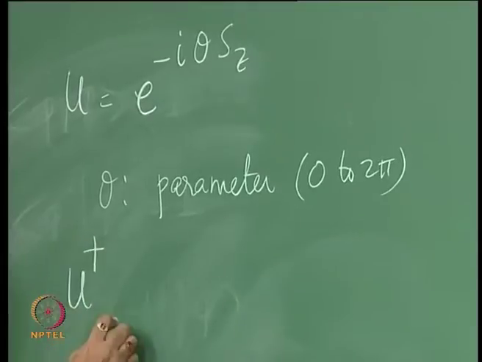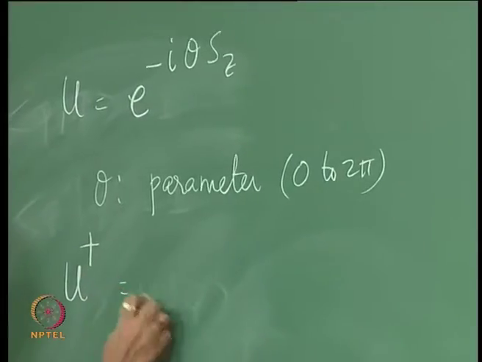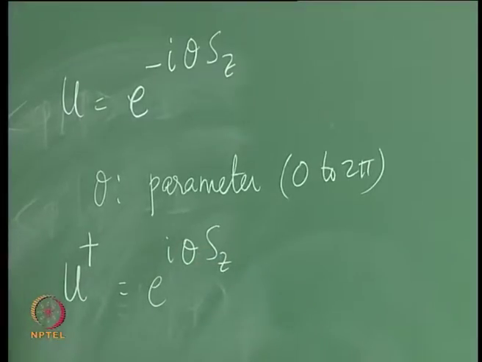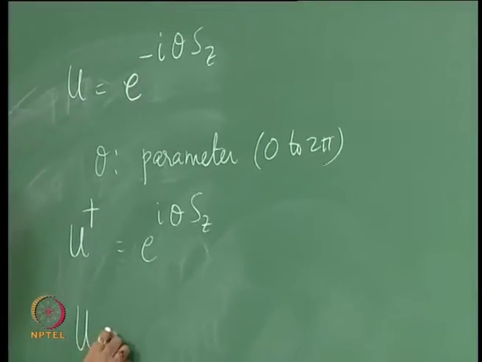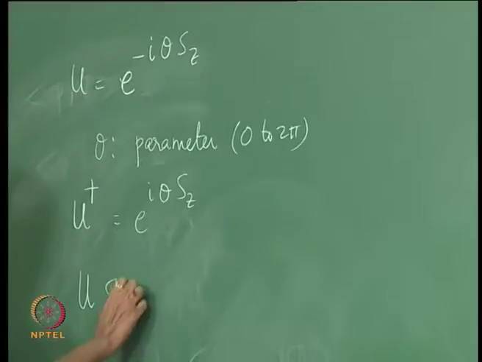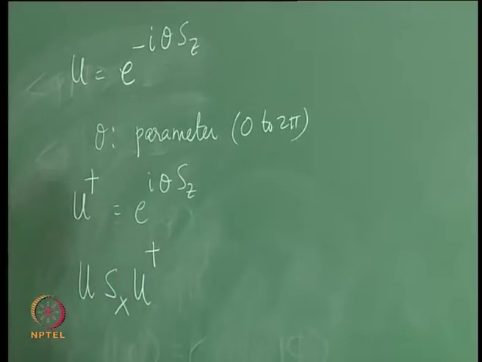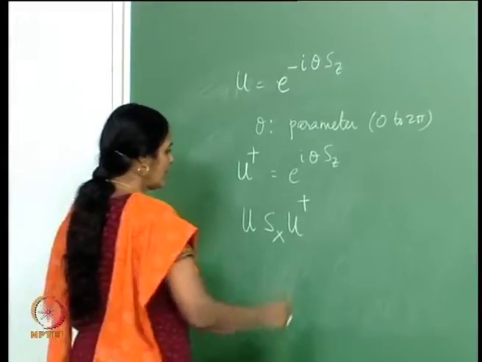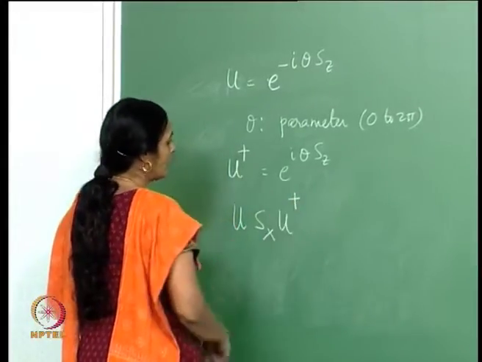So u dagger, which is the same as u inverse, is simply e to the I theta Sz. Let me see the effect of the unitary operation on Sx, for instance. So, what is U Sx U dagger? Well, that is the same as U Sx U inverse.